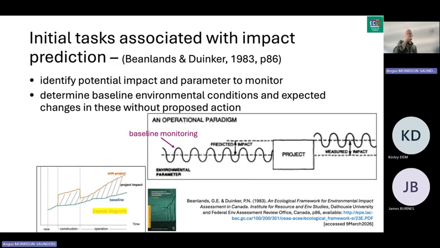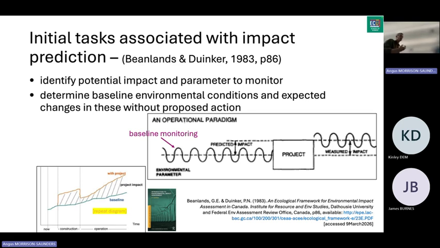So this diagram here is showing you a similar diagram in the middle of the slide there from Beanlands and Duinker. This idea is similar to the Glasson and Therivel one on the left that I gave you before, showing you that the impact that we're predicting is the actual change caused by the project.